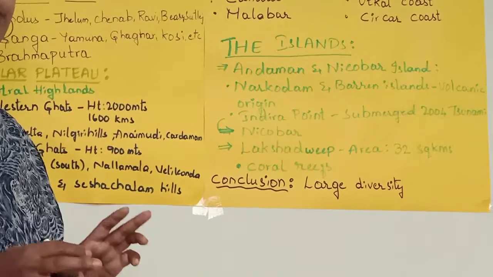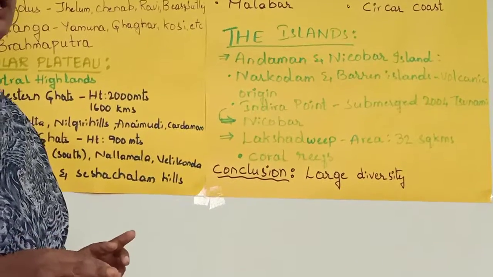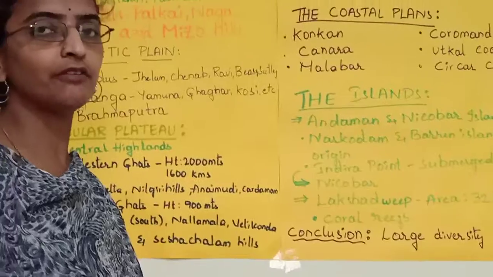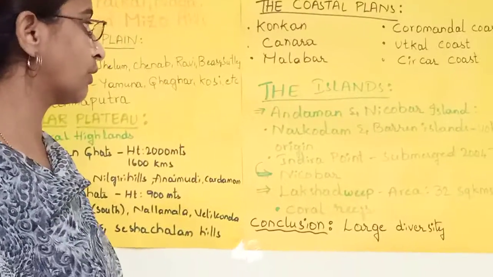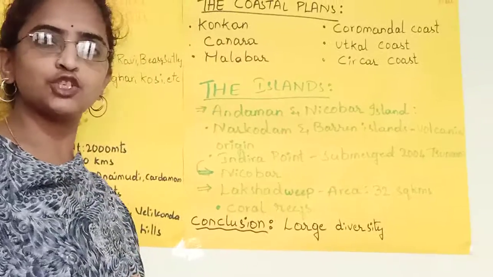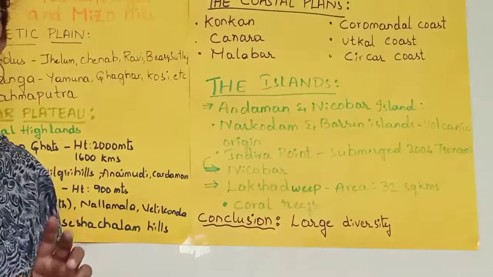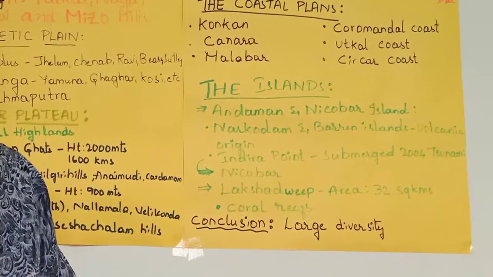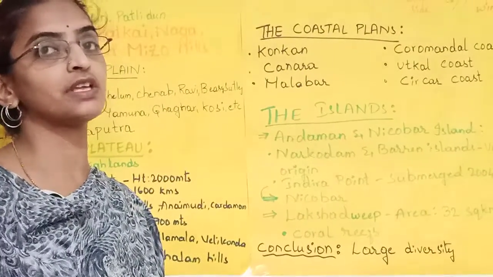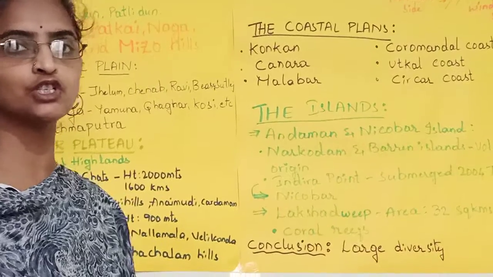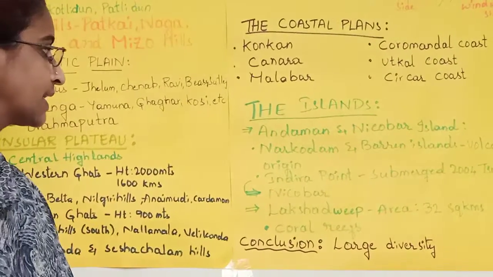That means most of the islands found in the Bay of Bengal have been formed because of volcanic origin. And as geologists say, the island groups found in the Bay of Bengal may be the extension of the Himalayan ranges which have completely submerged in the Bay of Bengal.